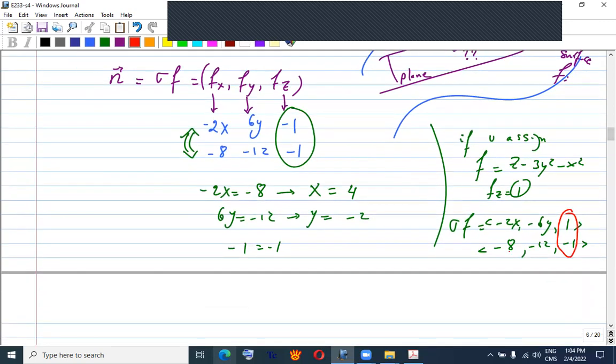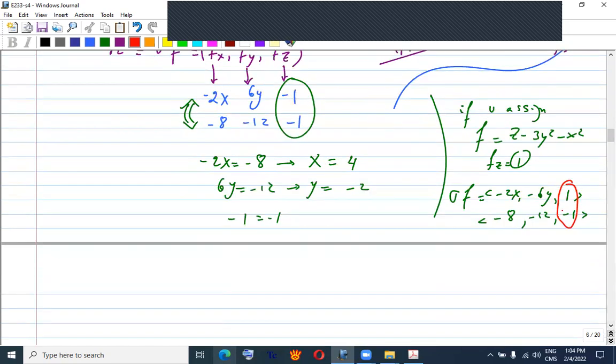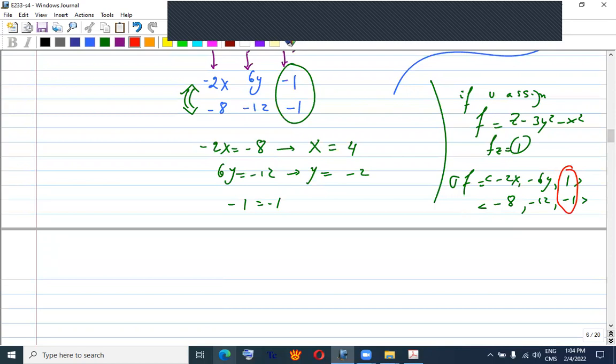You won't go back and assign it differently. It's okay, but you should modify either of these in order for the equality to be true, because n equals gradient of f is true. Whatever way you assign f, it should work.